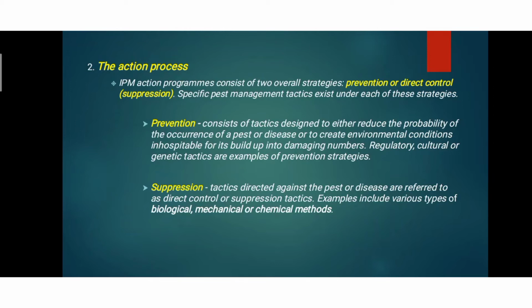First, we have prevention. It consists of tactics designed to either reduce the probability of the occurrence of a pest or disease, or to create environmental conditions inhospitable for its build-up to damaging numbers. Regulatory, cultural, or genetic tactics are examples of prevention strategies. So, when we say prevention, it keeps a pest from becoming a problem.